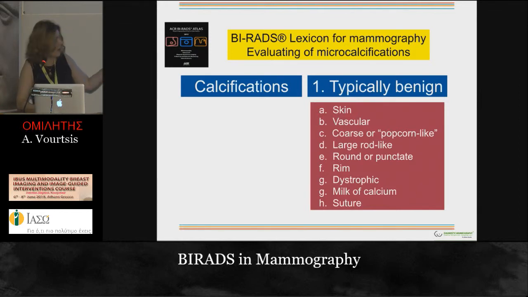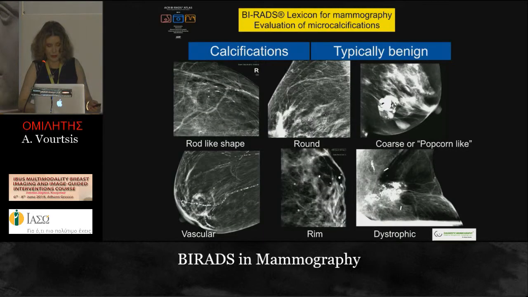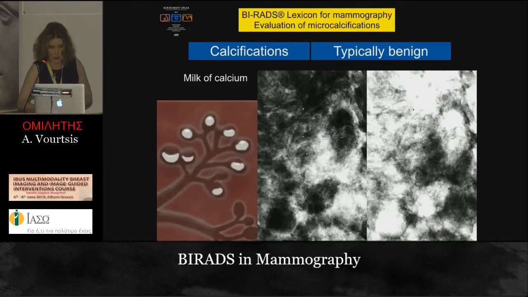And this is a list of the typical benign calcifications. You're all very familiar with this. And these are examples from different cases: rod-like calcifications, round calcifications, popcorn-like calcifications, rim, and dystrophic calcifications.